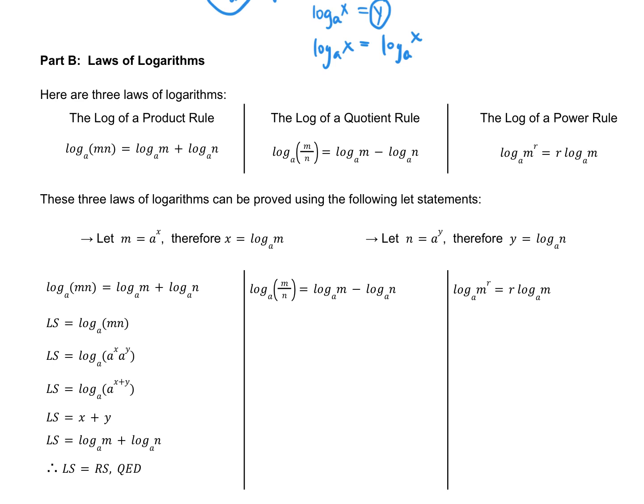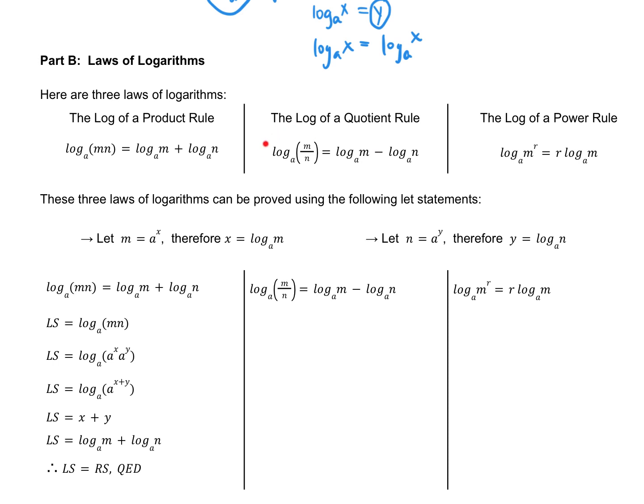The first one is, if I have the log of a product, so m times n, with whatever base, I can expand that into the sum of two individual logs. So if it's multiplication here, I can turn that into log m plus log n. If it's division, then I can turn that into a subtraction of two logs.